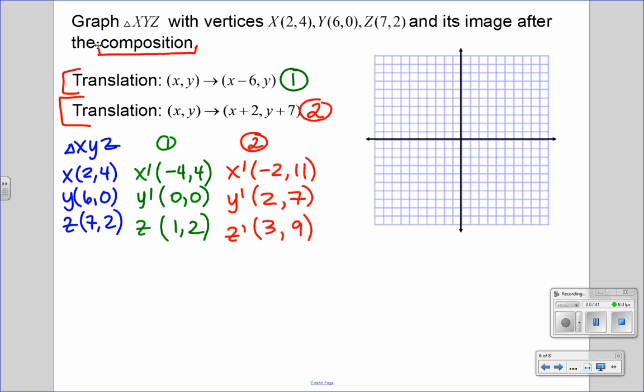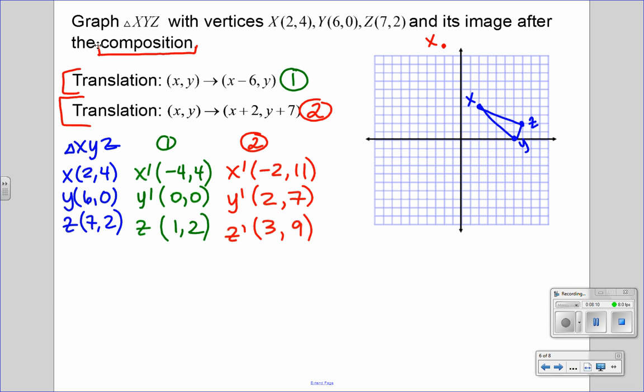And now all we have to graph is the blue and the red. If you'd like to graph the green to see the steps, you may. But let's just graph that blue, which is 2, 4, which is x, 6, 0, which is y, and 7, 2, which is our z. So that's our pre-image. And then let's graph our image, which is at negative 2, 11.